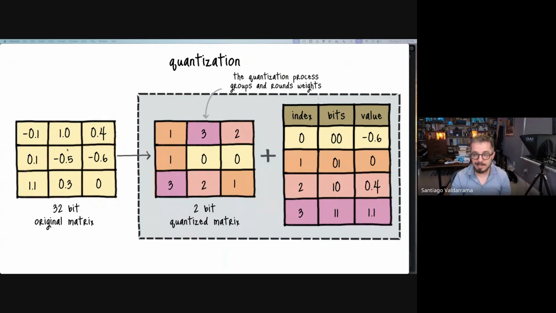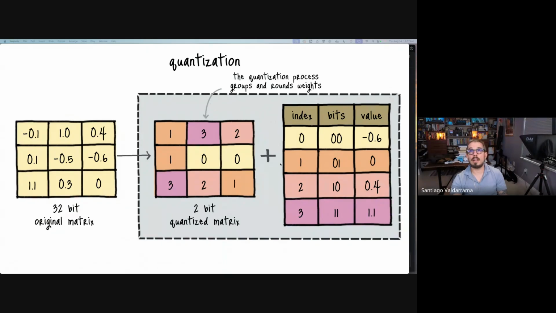And I can replace this. I can quantize this to this matrix plus an index that looks like this. Now, this matrix is only 2 bits. Each value here, only 2 bits. Before 32 bits, now only 2 bits. So this is the way it will work. Notice that I have a negative 0.1 here, and I'm replacing that with a 1.